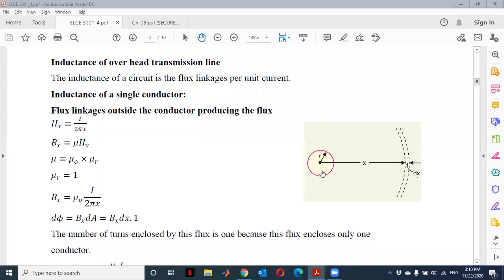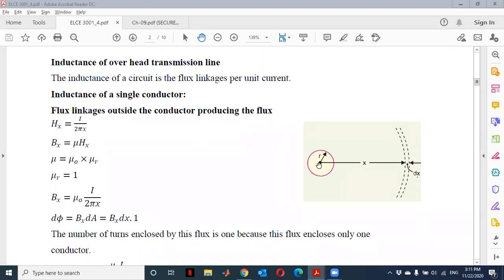In single conductor, we have two types of inductance, or two types of flux. First one is the flux linkage outside the conductor. It means that we have a flux going from the center point of the conductor to infinity.